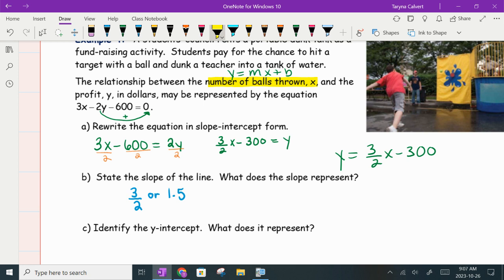So if you want to throw a ball at the target to dunk a teacher, you would have to pay $1.50. So every ball thrown costs $1.50. So the cost of one ball, $1.50 every single time you throw a ball.